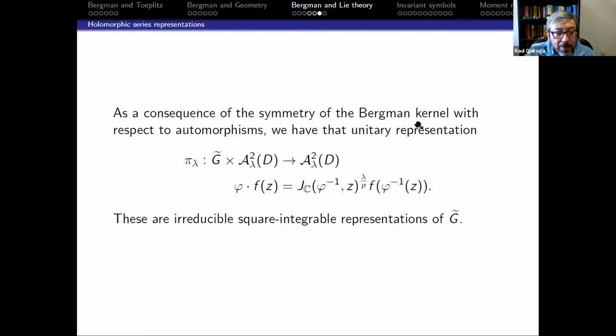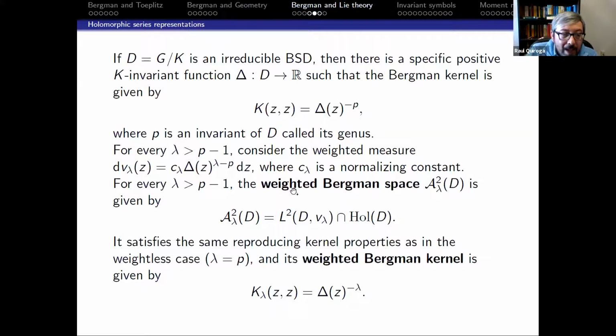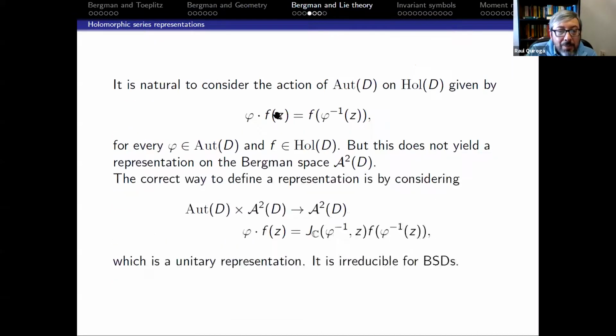Because of the symmetry of the Bergman kernel, you compose as before, multiply by the complex Jacobian as before, but with some power, then this is going to be a unitary representation. This is more or less straightforward. The thing is that now you have a way to consider, but it's still related to the Bergman kernel, and you use the symmetry that I mentioned before.